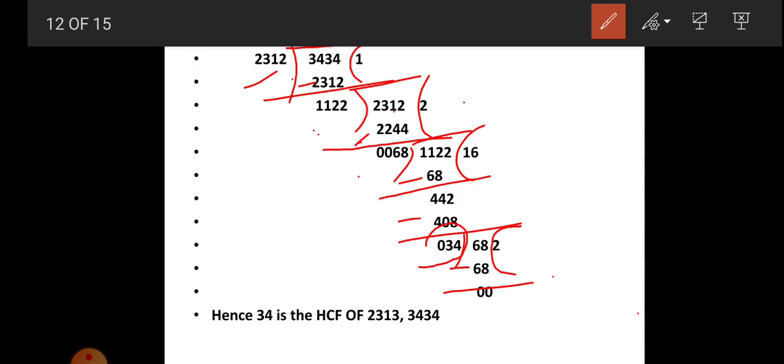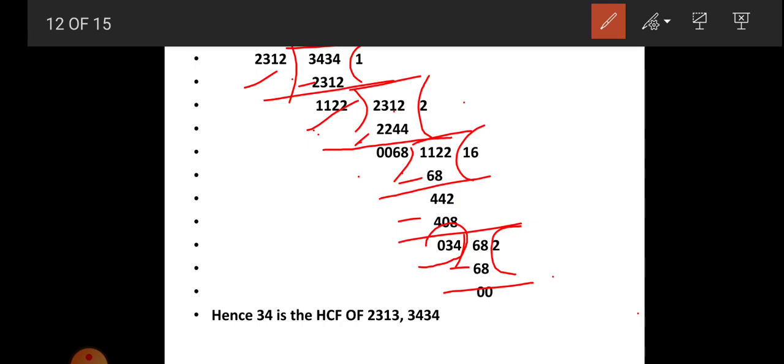Now the remainder is 68. This 68 and 1122 is the dividend. 1122 is divided by 68. 68 ones are 68. 12 minus 8, 4, and 10 minus 6, 4. Now I will take down the 2, 442. Now 68 sixes are 408.